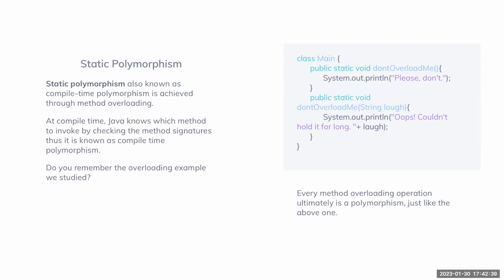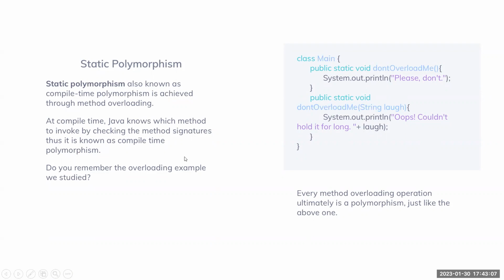You already know about method overloading: public static void don't overload me, and public static void don't overload me with a parameter. We are overloading this method with no parameter and with a parameter. This kind of overloading is called static polymorphism.